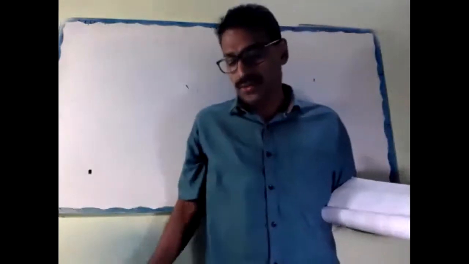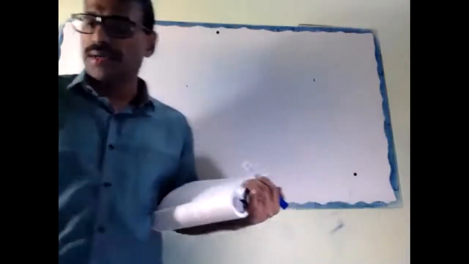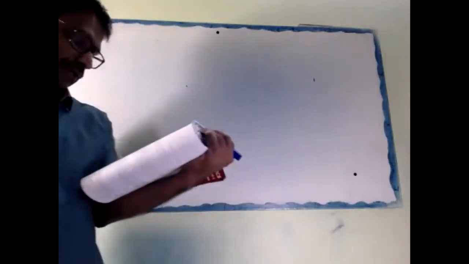Right. 2 cubes each of volume 64 centimeter cube are joined end to end.